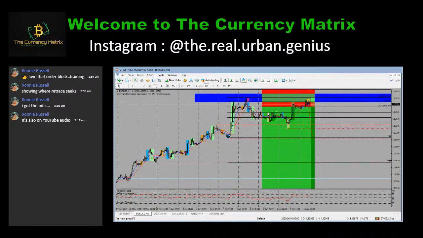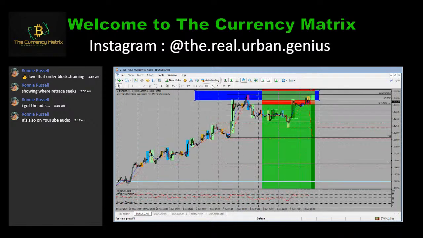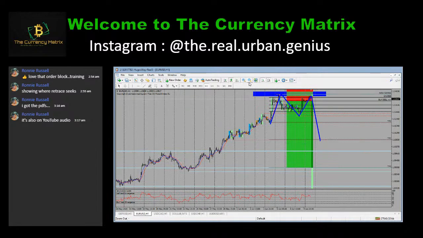As you see, last Friday we were here. This was the high of last week. Fast forward to today, all we did was clip the high of last week, creating an M. And this is the euro.